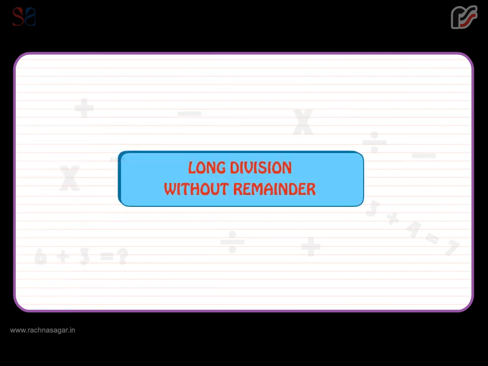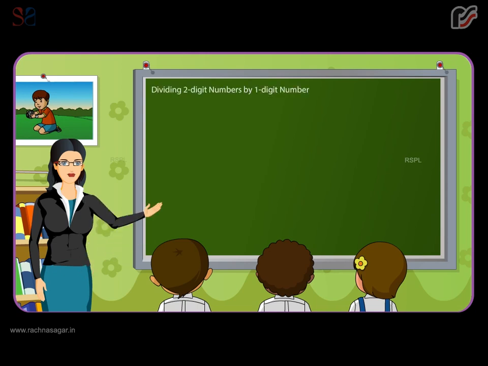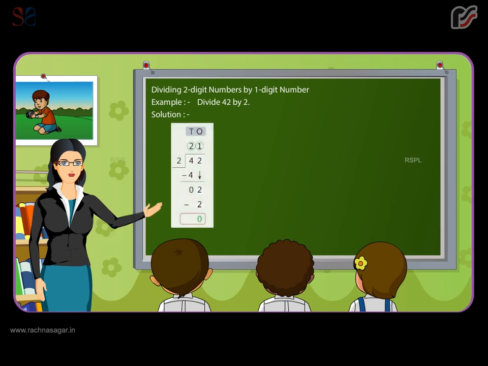Long division without remainder. Dividing two-digit numbers by one-digit number. Example, divide 42 by 2. Solution, dividend is equal to 42, which means 4 tens, 2 ones, and divisor is equal to 2.